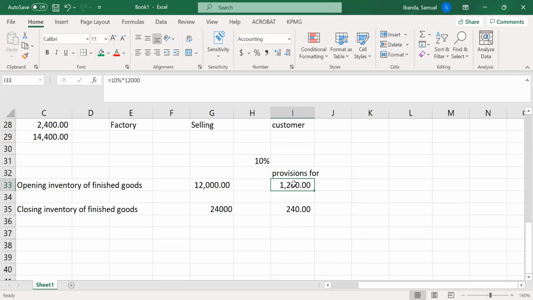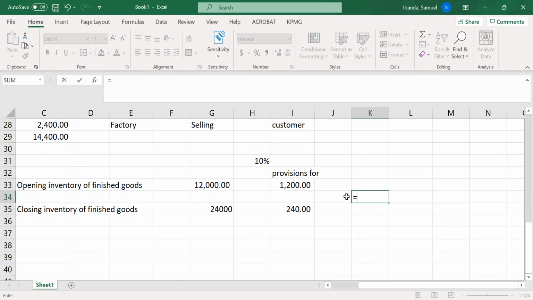So after you've calculated your provision on opening inventory of finished goods, and you've calculated one on closing inventory of finished goods, you should be able to gauge between the two and ask yourself, is the provision reducing or increasing? Here it is actually reducing. And what we do is we get basically the difference.